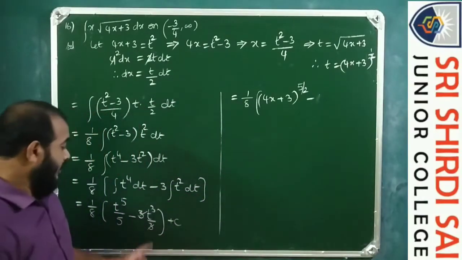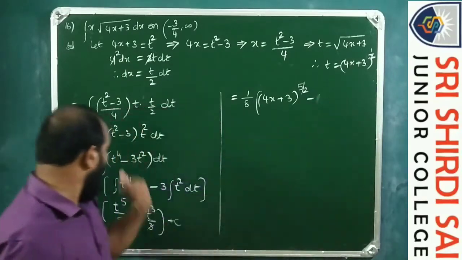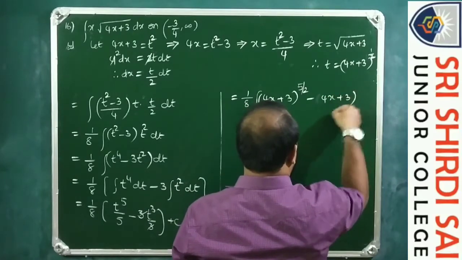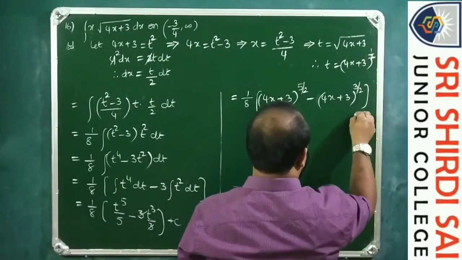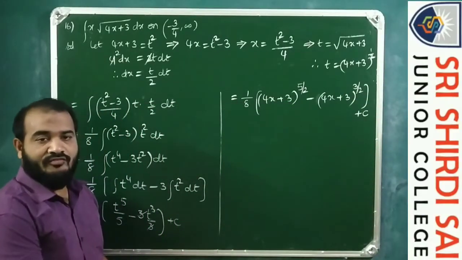Now t is equal to how much? 4x plus 3 whole power 1 by 2 whole power 3. So this is 4x plus 3 whole power 1 by 2 whole cube. So 3 by 2 plus constant of integration c. So this is the final answer.